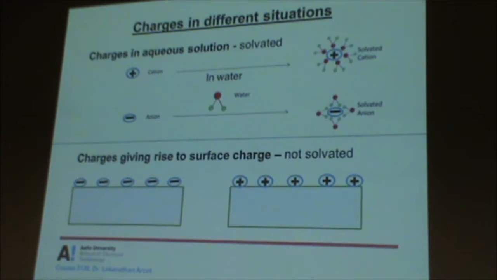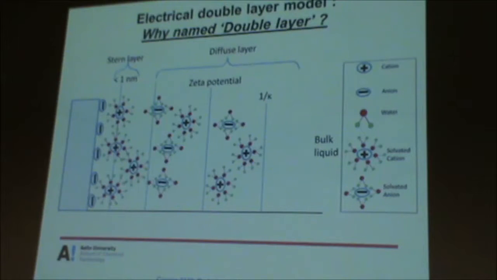Now if you take a negatively charged surface and dip it in a solution that has negative and positive ions, now we have the first layer of ions that are actually bound to the surface. The distinction between these ions and this ion is that this is not bound to the surface because of electrostatic attraction. They are bound due to, let's say, acid-base interaction or van der Waals interaction.